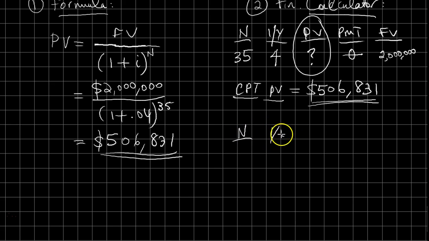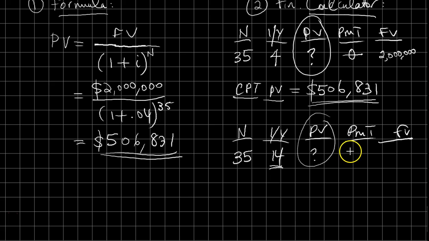So N, I/Y, PV, PMT, FV again. We have 35 years, but this time instead of earning 4%, we can earn 14%. Again, the question mark is the present value. There is no payment, and future value is to be $2 million. You compute the present value on this occasion.